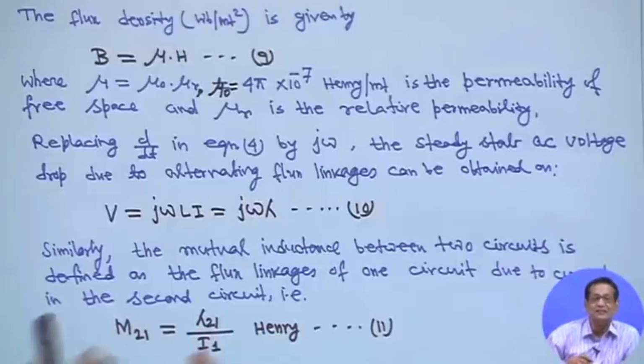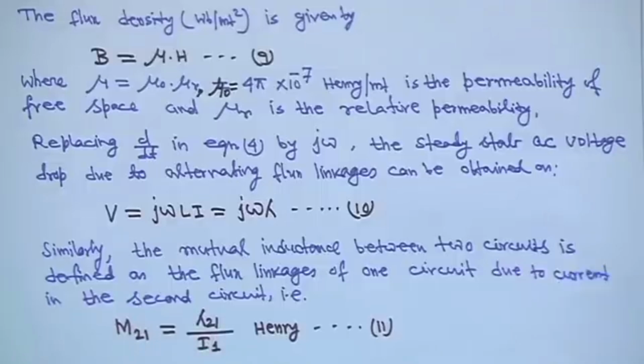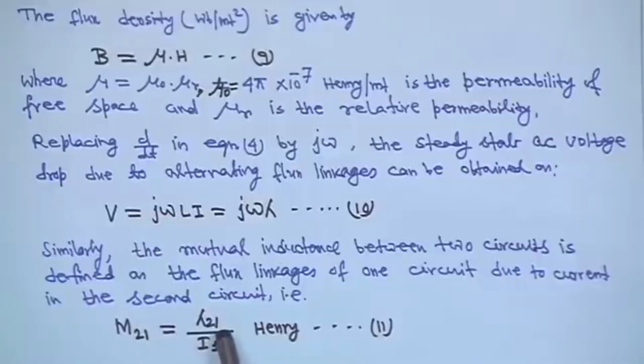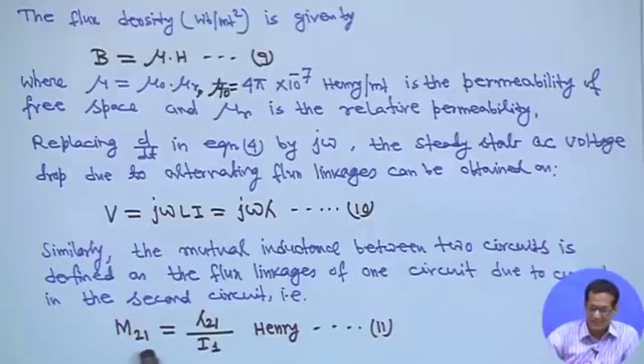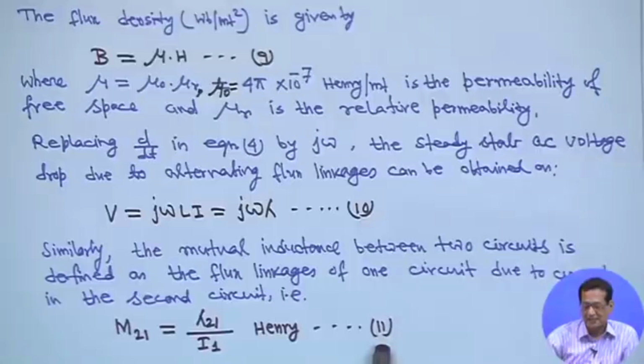Later, when we find the inductance of the single phase two-wire line and other conductors, we will see the mutual inductance also. So, we can write M21 is equal to lambda 21 upon I1. This mutual inductance is in Henry, and it is equation number 11.